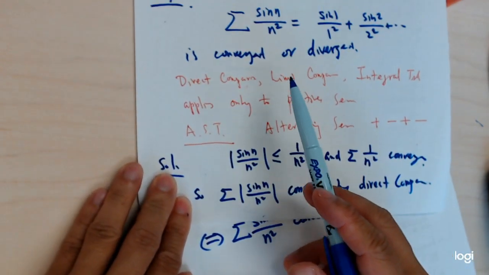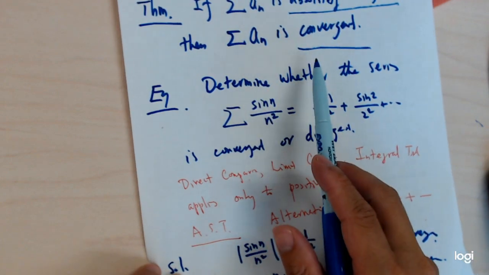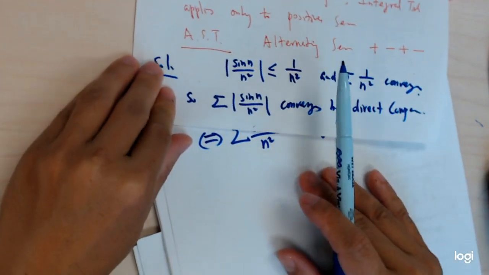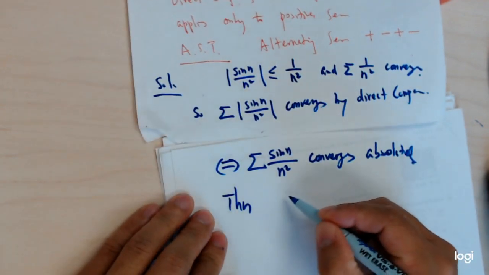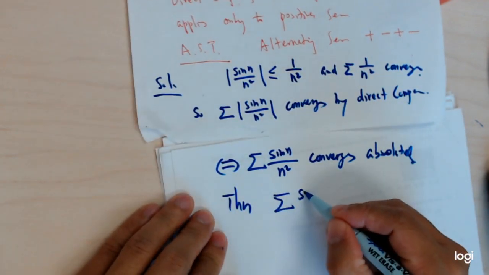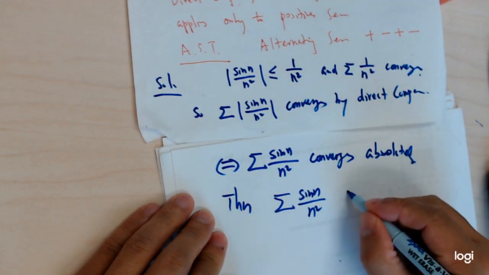Our previous result says any series that converges absolutely implies the original one converges. So that's how we come up with this conclusion. Thus, the original series must be convergent.